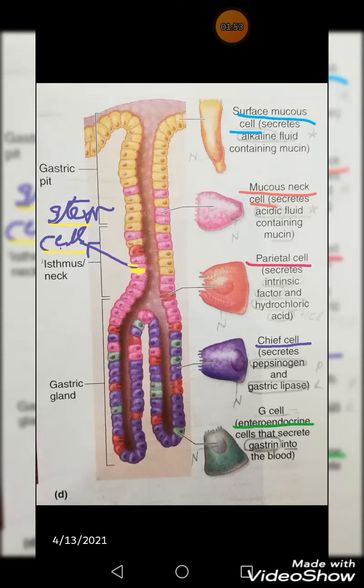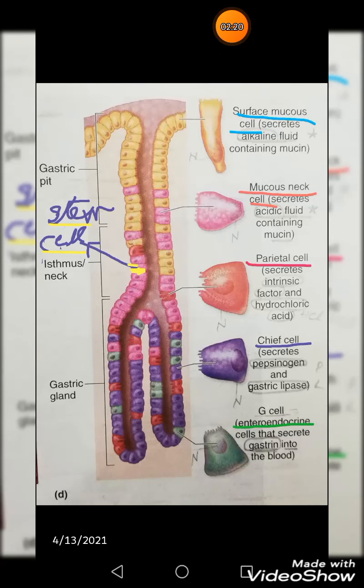There are varieties which are named EC cells, which secrete serotonin, G cells to produce gastrin, D cells to secrete somatostatin, A cells to secrete enteroglucagon. So it means four major types are identified among the 17 different types.